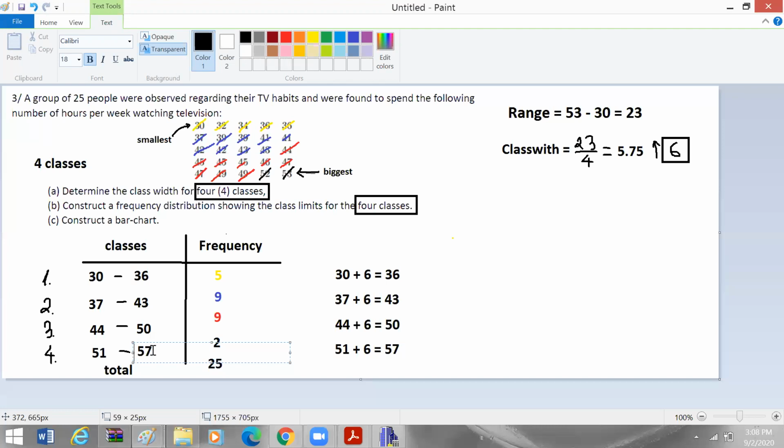But remember that we always increase by 1. After the first class, we go to the next class, we increase by 1, and next class we increase by 1, and then we increase by 1. Usually, the last class should be able to beat this guy for sure, 100%. So if you get 5.25 and round down, in this scenario, I do not take away points.